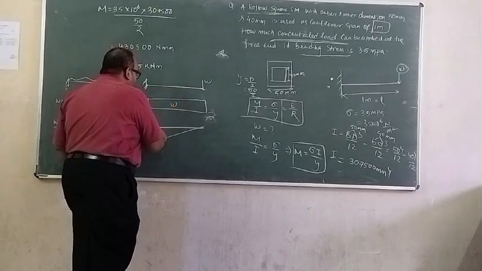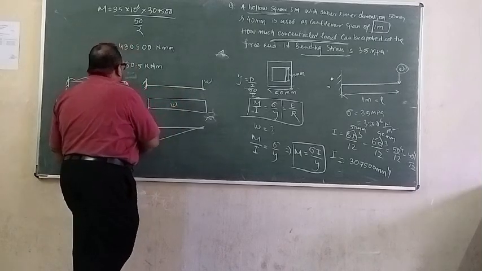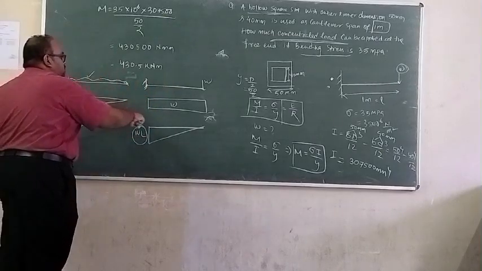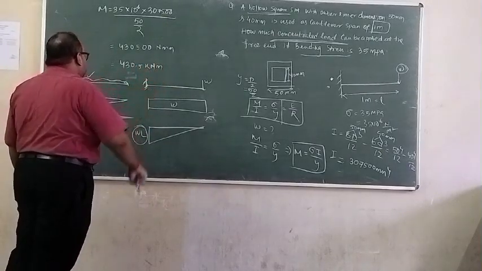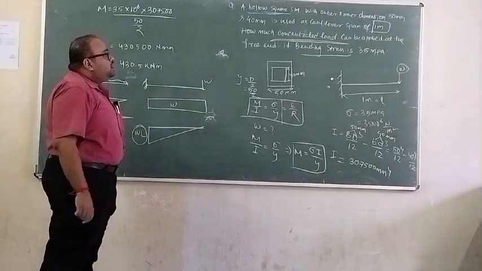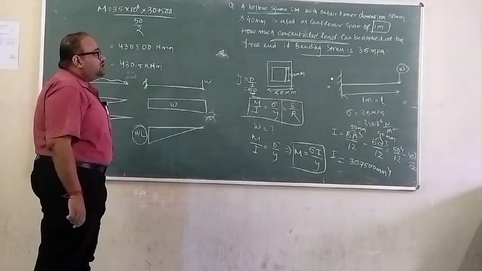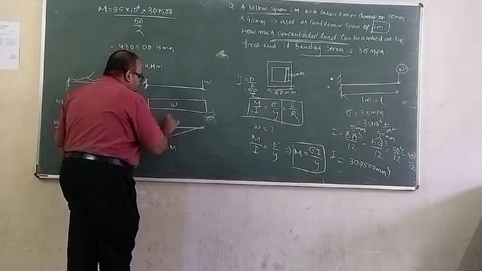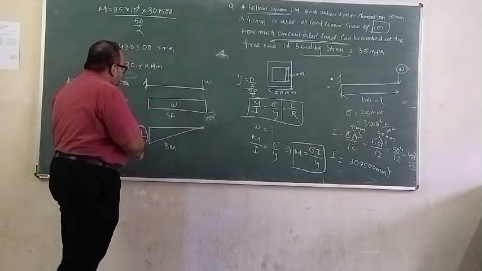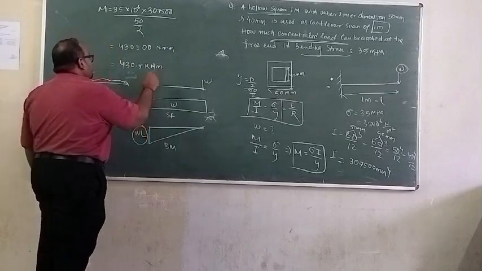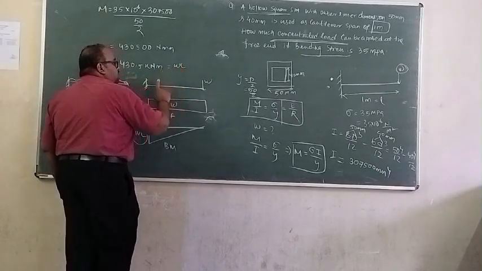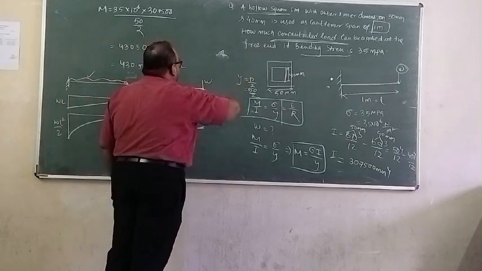So we will put this value M equals WL. The question can twist also like this, but here the question is cantilever with concentrated load. So we will use the bending moment value is this one. So we will use M equals WL, and the span is given as 1 meter.